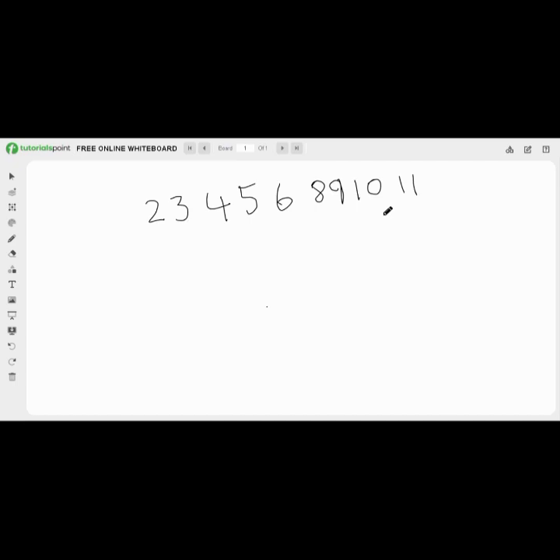So, for example, I take a number. 2, 3, 4, 5, 6. So I have a doubt. Is it divisible by 2? I think it is.